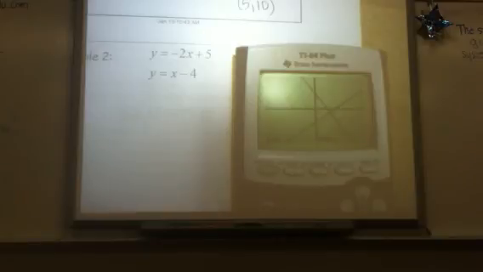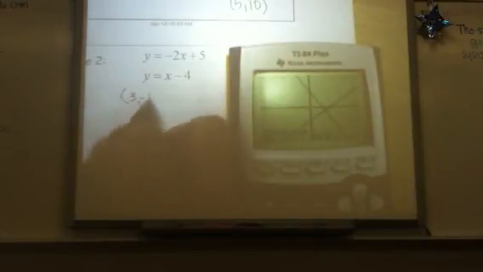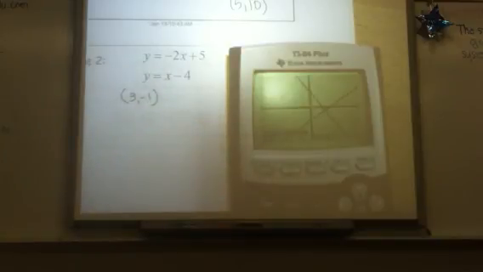Then I can continue to follow the steps. Second, trace. Go down to intersect. Click enter, and I get 3, -1, which is exactly what we got by following the handwritten steps.